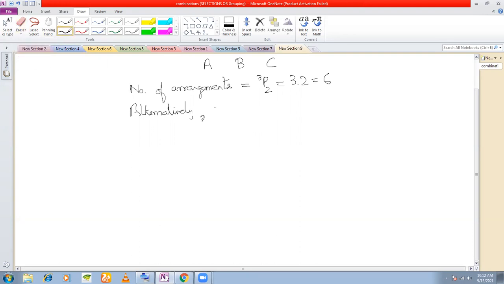First we write number of ways of selecting 2 persons.